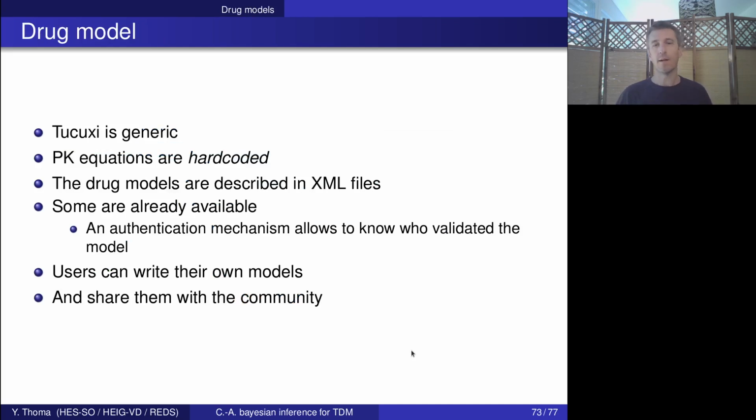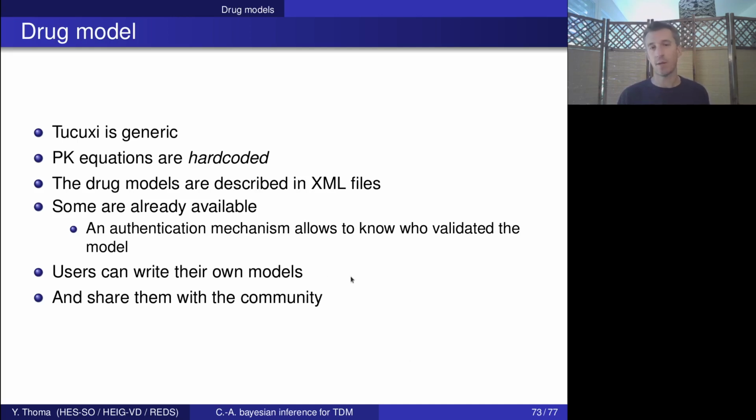And finally, this software Tucuxi is quite generic, so the PK equations are hard-coded for performance purposes. And so the drug models are described in XML files. XML is a kind of format. And we can authenticate these files as well to be sure about who validated these models.